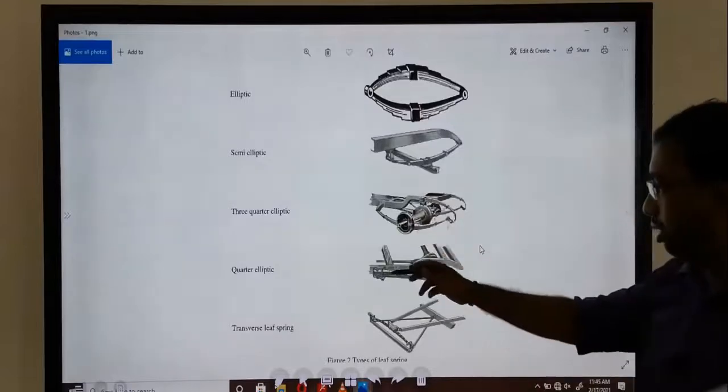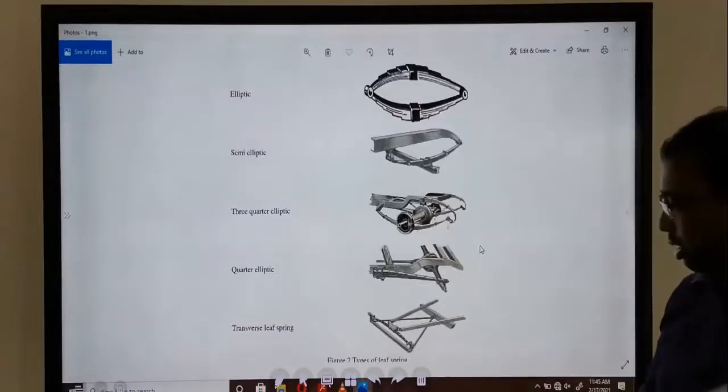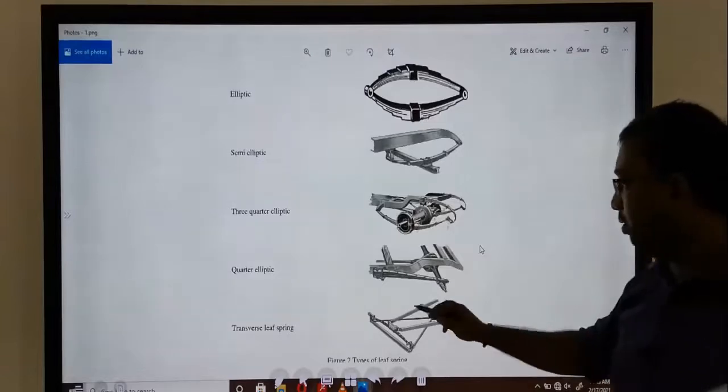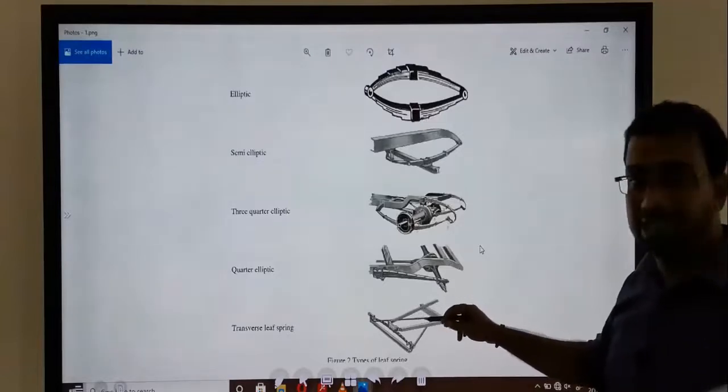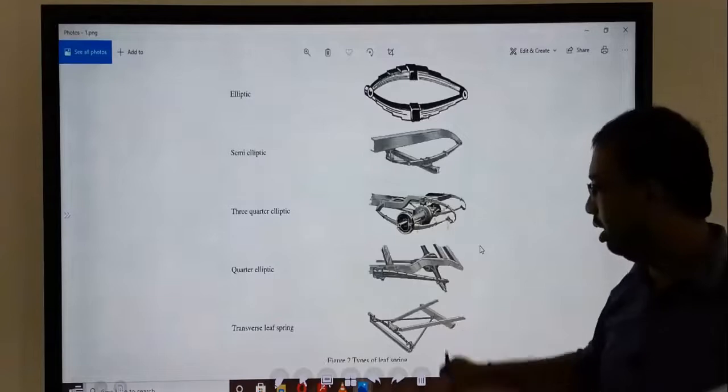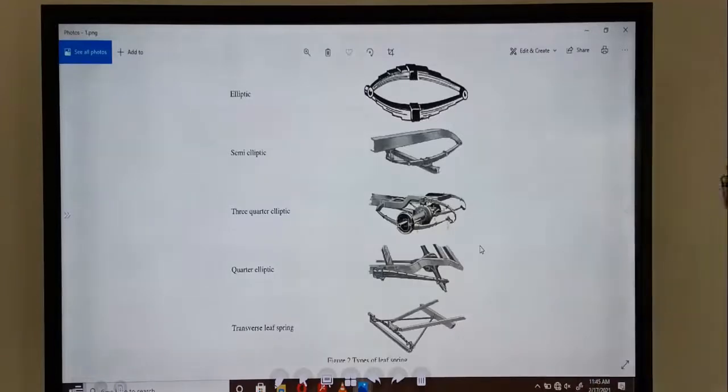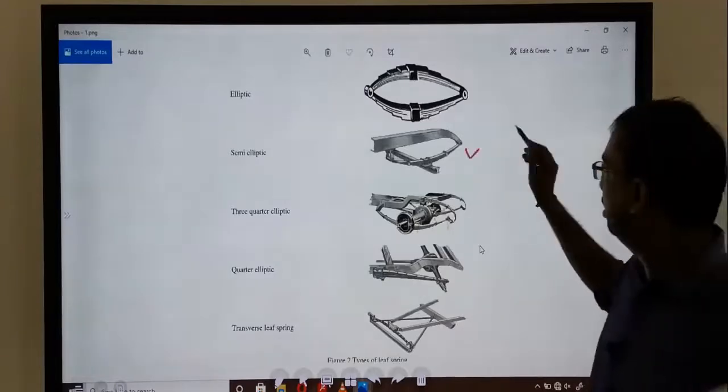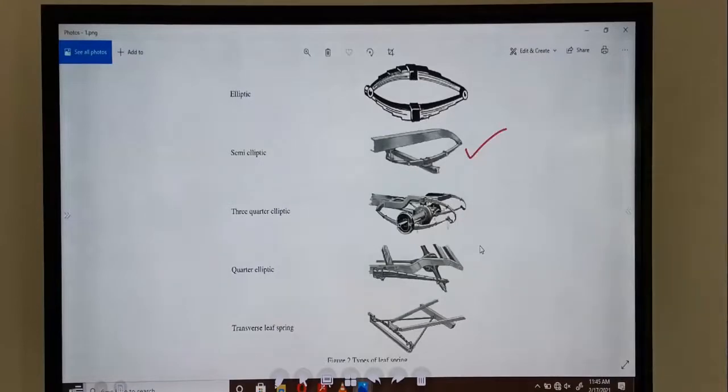You can see the other. This is the conventional, the oldest ancient model. This type of semi-elliptic is now widely used.